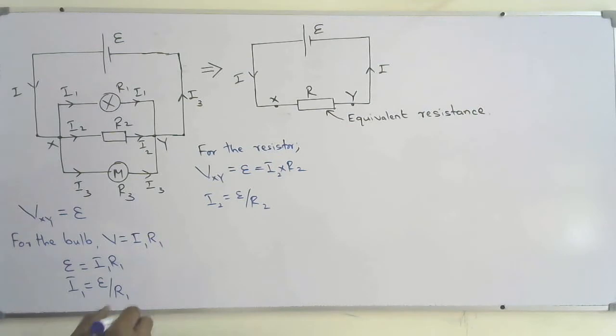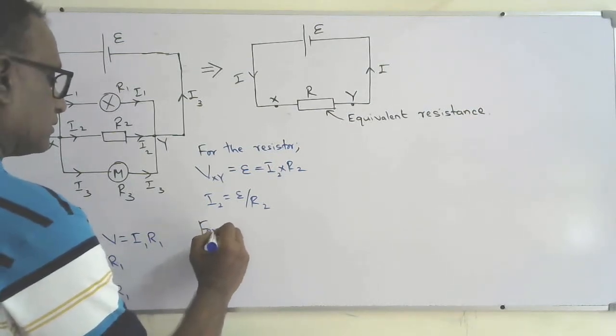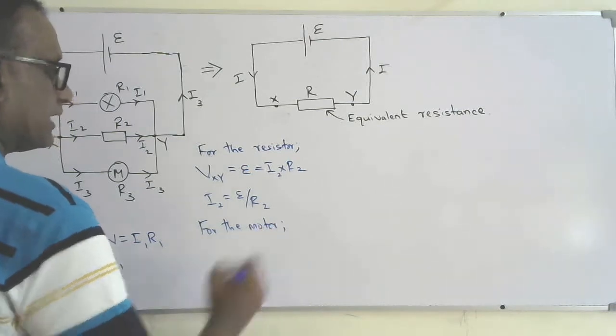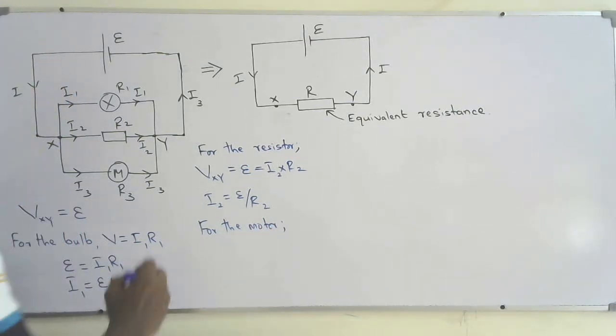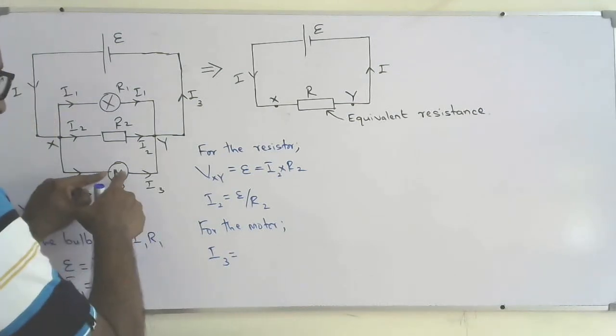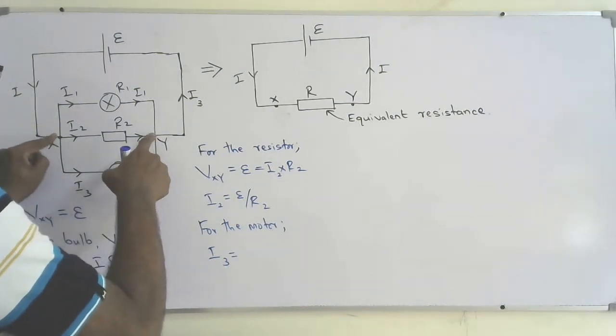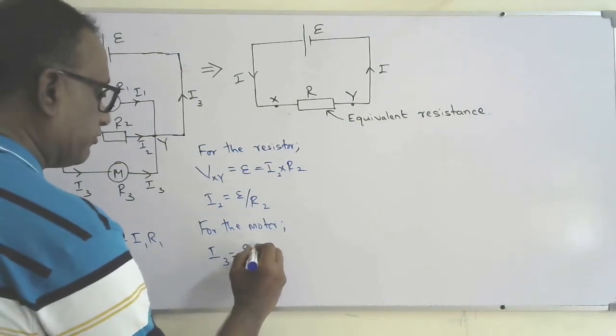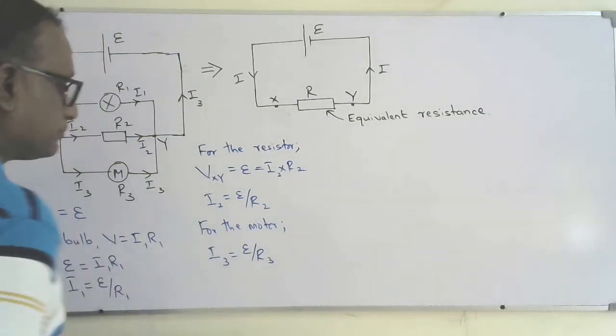Same for the motor: I3, with the voltage across the motor also the same as the voltage across the junction, the EMF. So I3 will be EMF over R3.